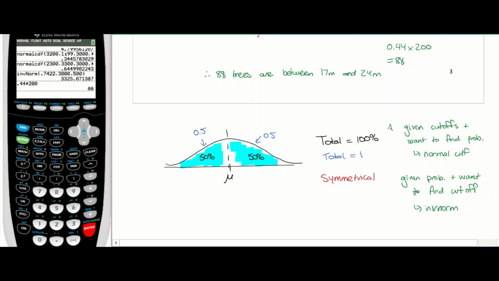So this is option A, this is option B. Remember though, it only works with probability below a cutoff. So you sometimes have to translate if you're given a probability above a cutoff. You have to flip that around and figure out the probability below the cutoff in order to use it in your calculator. Okay, so hopefully that was a helpful video to help you navigate questions related to the normal distribution.